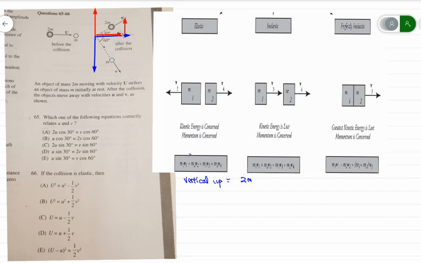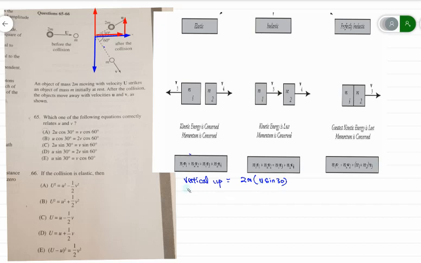If you convert the speed, which is u, into the vertical component, it will be u sine 30. So this is the mass 2m, then the speed is u sine 30.